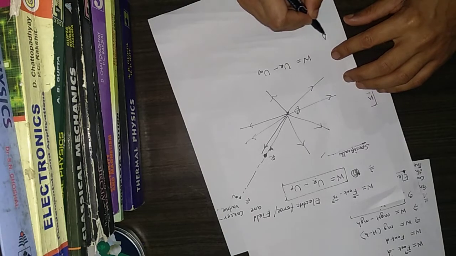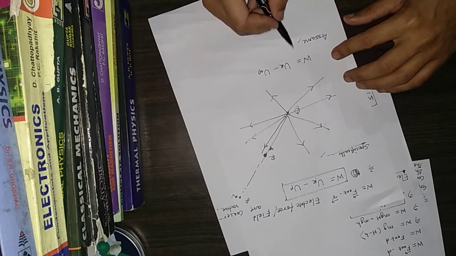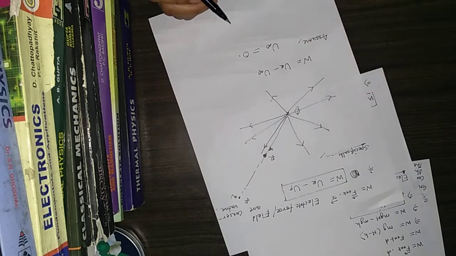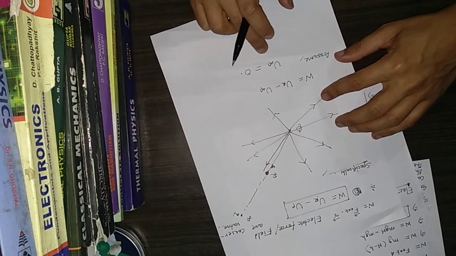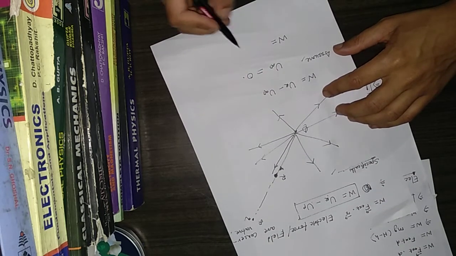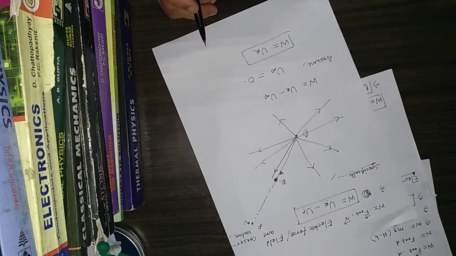Now assume potential energy at U infinity to be 0. So for the electric force or electric field, we take potential energy at infinity to be 0. So in this case, work done will be just equal to the potential energy at point R.